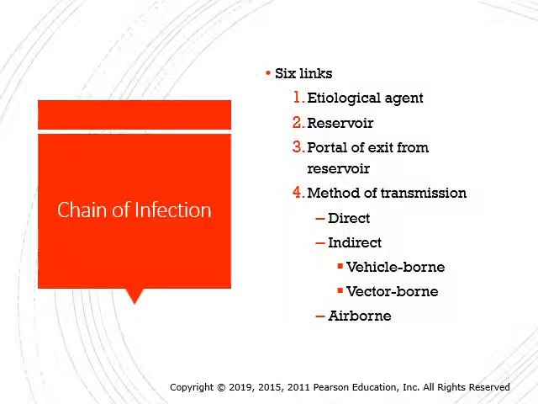And vehicle is going to be movement through a different source, not the actual infected individual. And then we have airborne, which covers airborne diseases, tuberculosis, varicella, shingles, things like that.